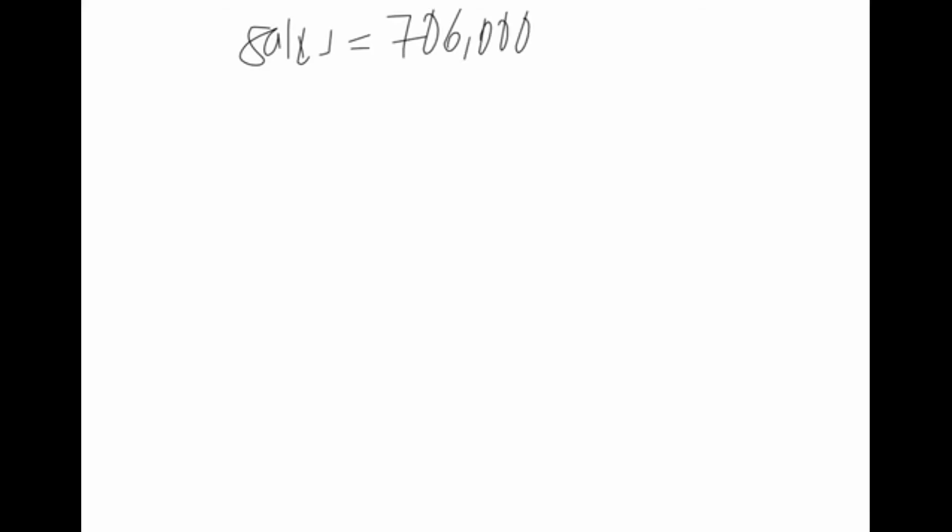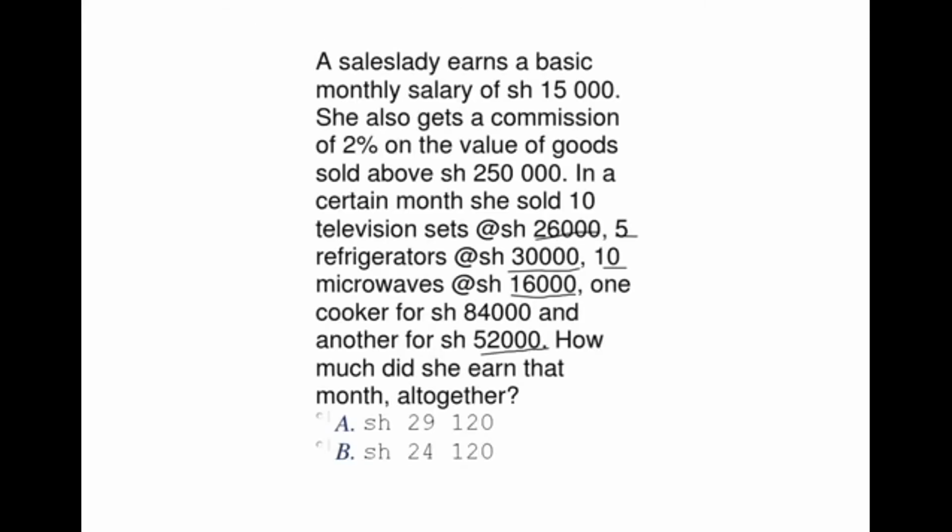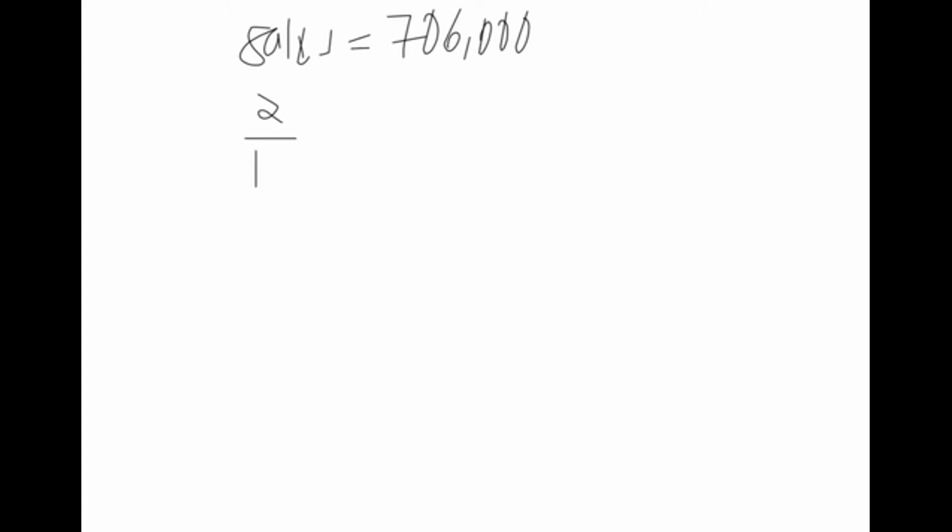So we have sales of 706,000. We are told that for goods above 250,000, she gets 2% commission. So 2% of the sales, that is 706,000, will give us how much? So we have 0 and 0 cancelling.